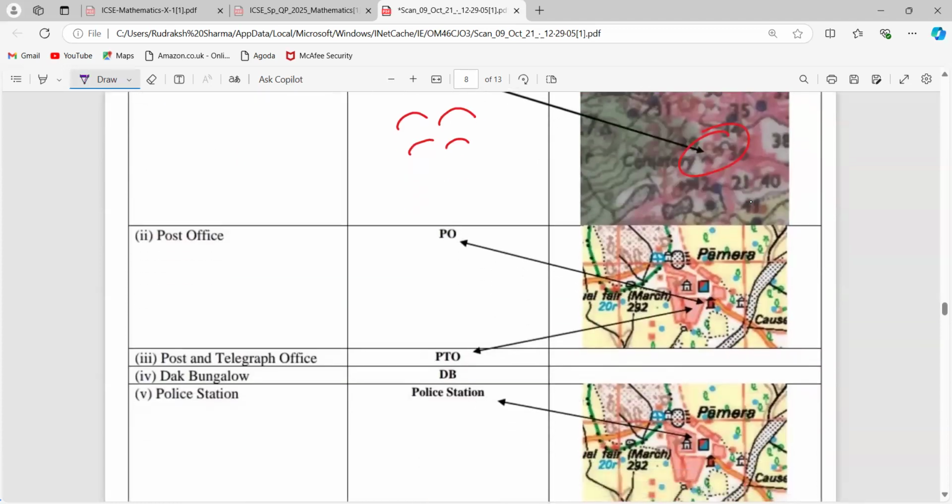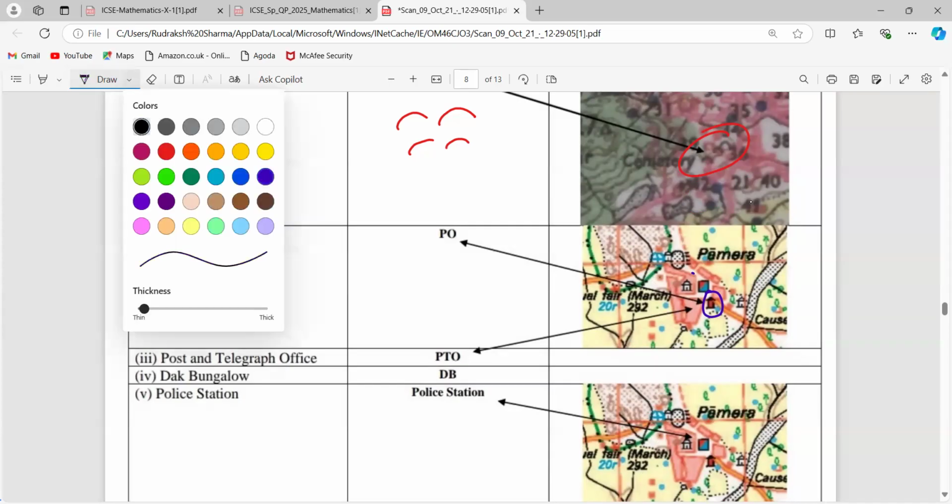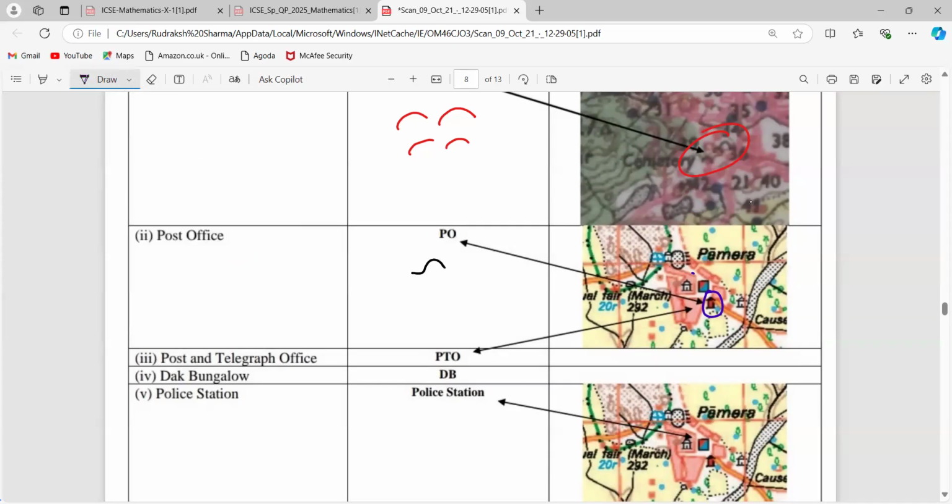The structure of a post office is something like this, and the drawing of the post office symbol is very frequently asked in boards. They can ask you to draw the structure, or draw the conventional symbol of a post office. Okay. Post and telegraph office, also denoted by PTO, is denoted by the same symbol. So the symbol of both will be the same. Like this. This would be something like a Pizza Hut cap, or you can say a structure.